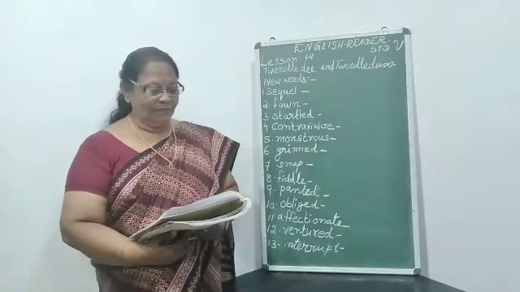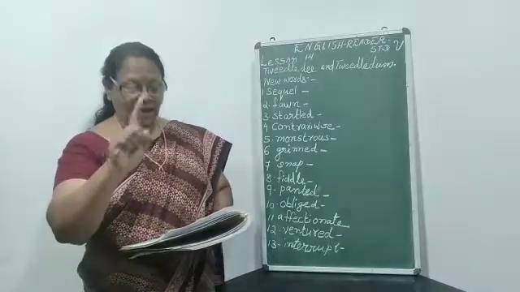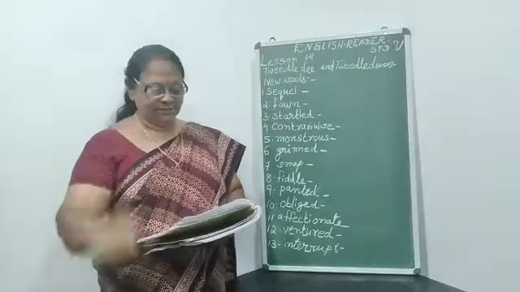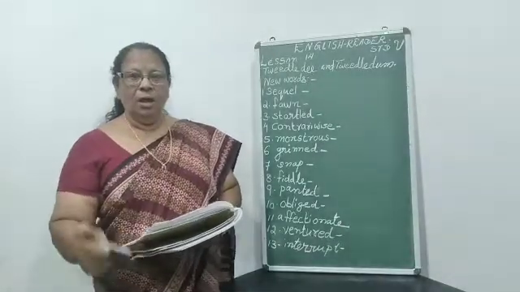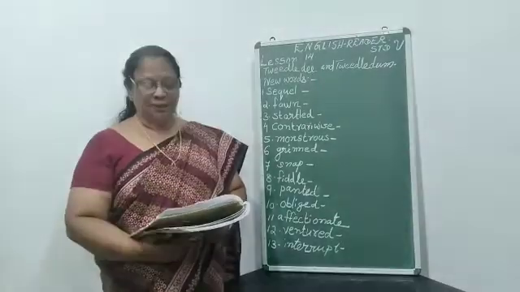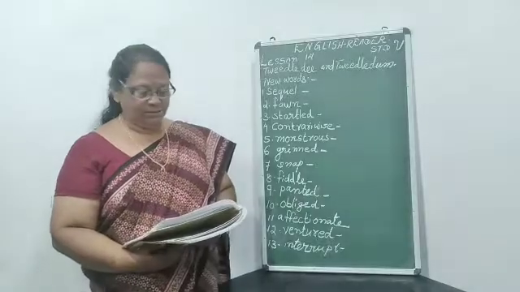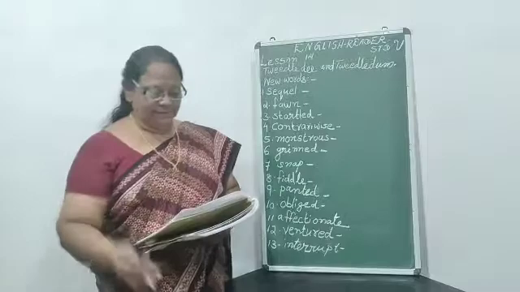He is remembered for his two novels for children: Alice's Adventures in Wonderland, and Through the Looking Glass. Which are the two famous novels of his? The first one is Alice's Adventures in Wonderland, and the second one, Through the Looking Glass.